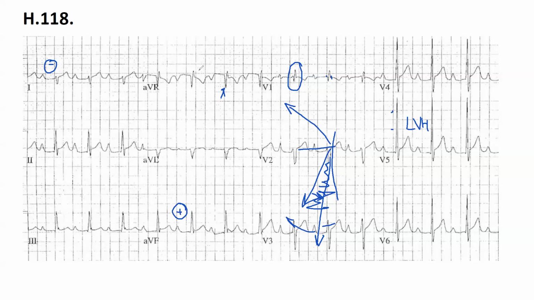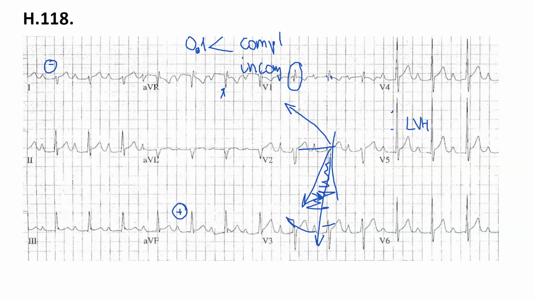If it's wider than 0.12 seconds, it's a complete block. If it's not, it's incomplete. So it's an incomplete right bundle branch block? Exactly, an incomplete right bundle branch block.